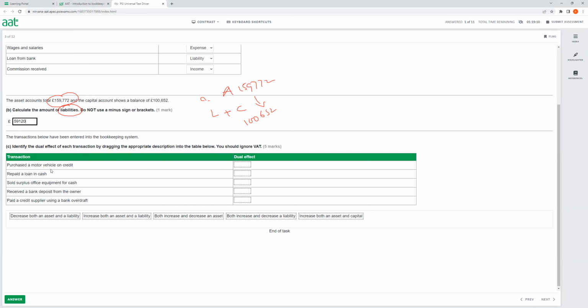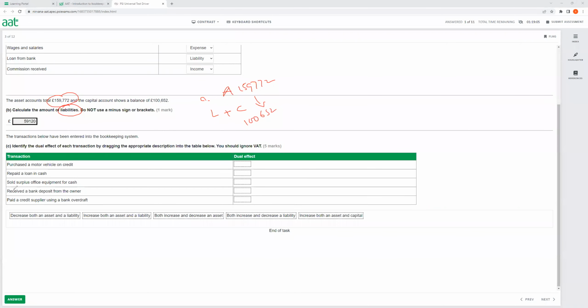Purchase a motor vehicle on credit. Now let's try to understand this one. If I buy a motor vehicle, the motor vehicle is an asset, so an asset is coming to the business. On credit means I say to my supplier, I will pay you later. If I pay later, that creates a liability.